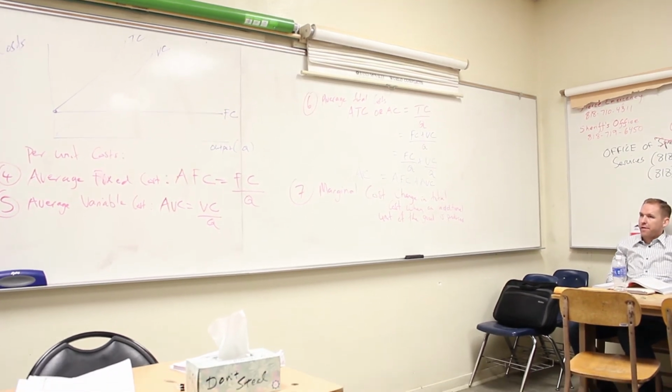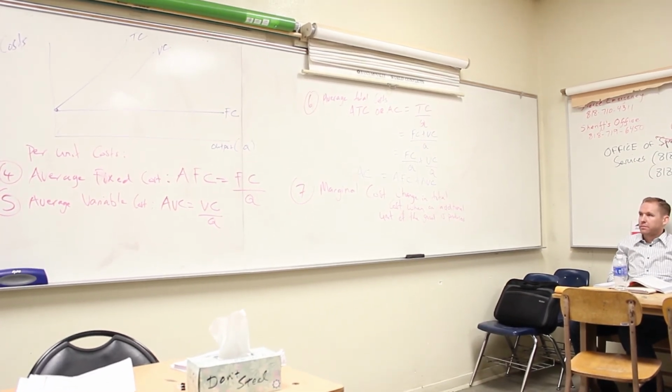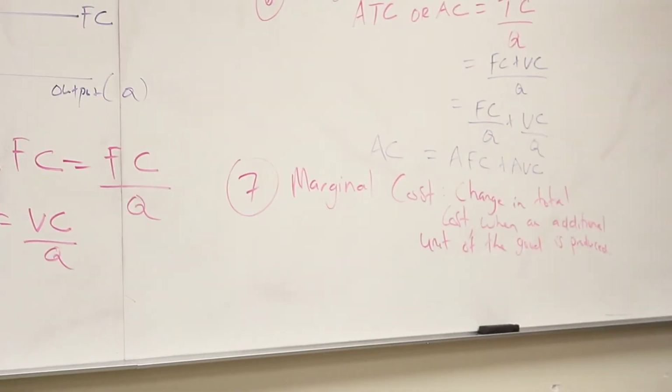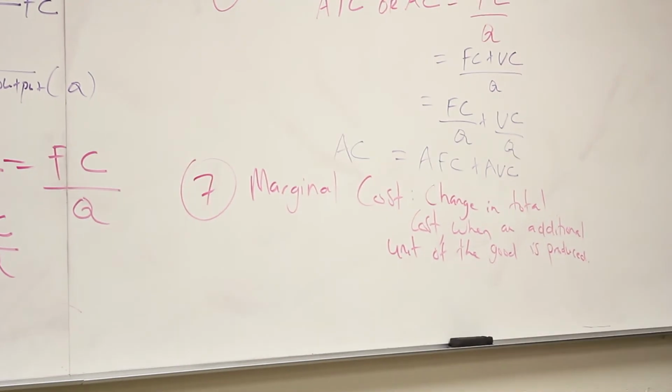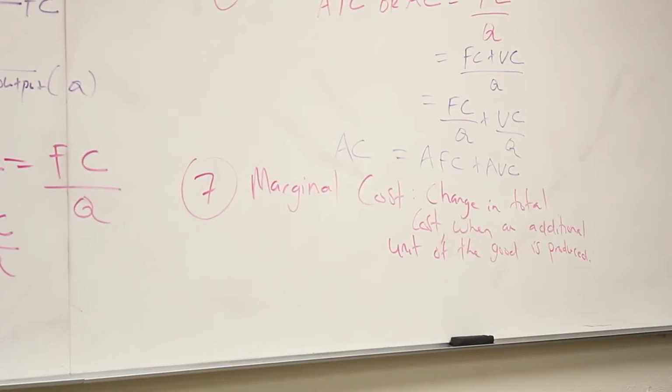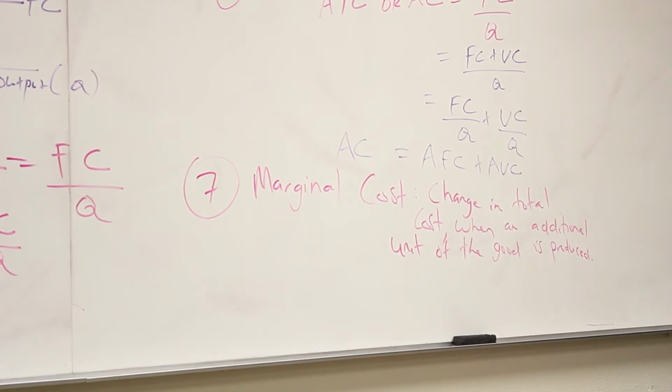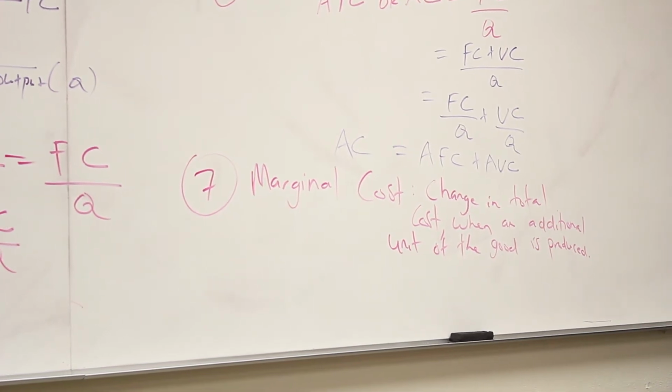So we're producing desks in this classroom. Our total cost is 200. We decide to make an extra desk and our total cost moves up to 210. The change in our cost, because we decided to increase production, is 10. So the change in your total cost, because we decide to make an additional unit of the good, that's your marginal cost.